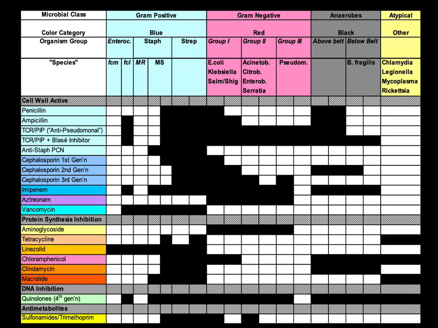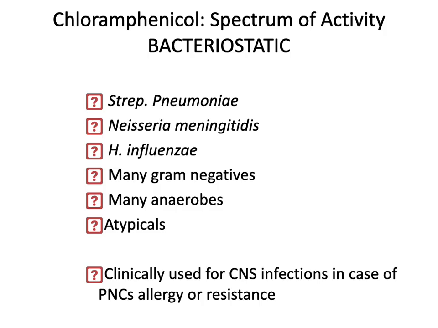So we really focus here on meningitis. Here's a repetition of what I just said. It's good for strep, Neisseria meningitidis, Haemophilus influenzae, other gram-negatives, many anaerobes, and even atypicals, but we keep it for CNS infection. Again, it is bacteriostatic.